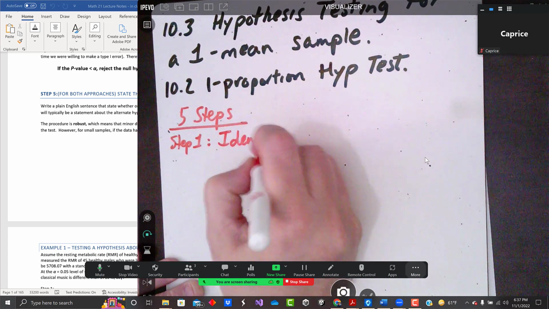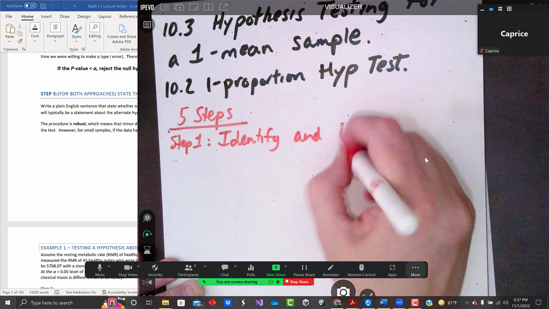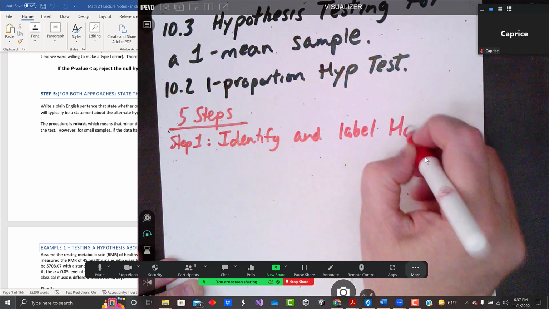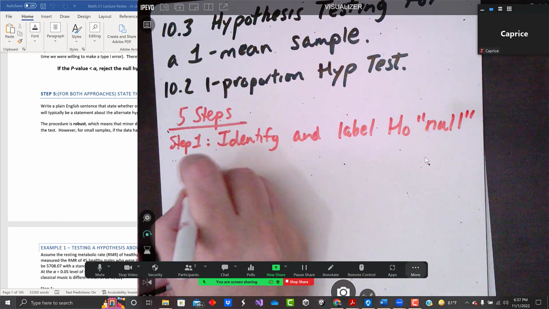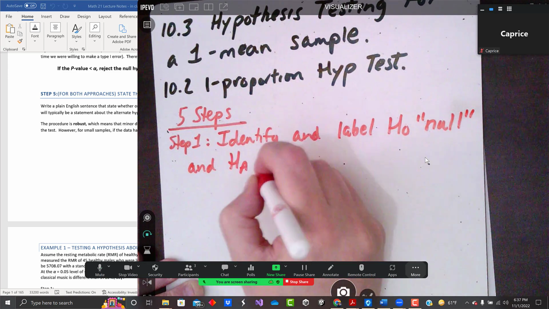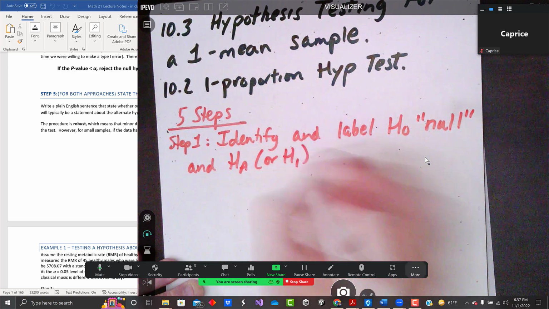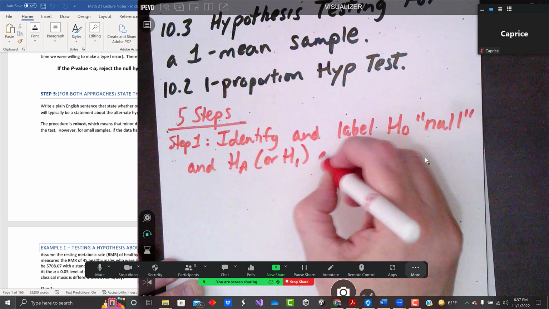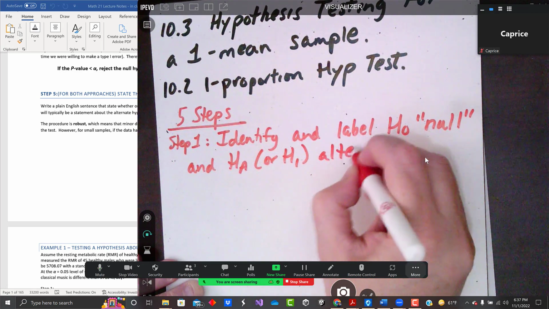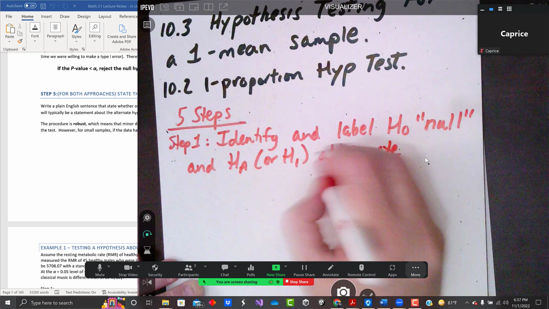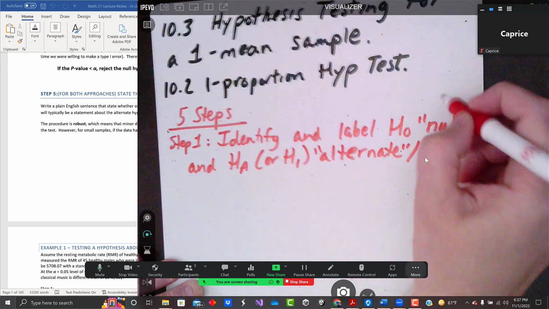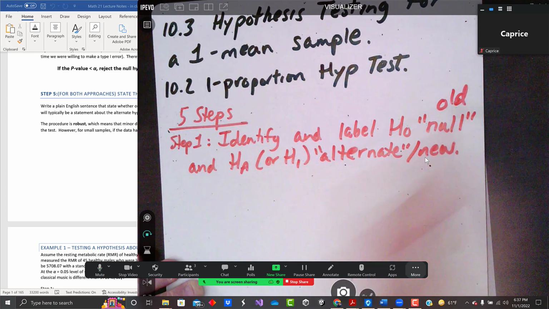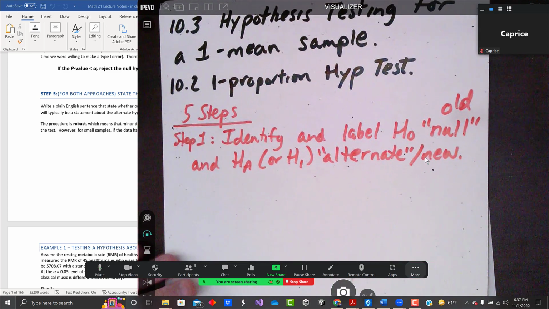Identify and label H naught, which is called the null hypothesis, and HA, or H1, some books do, which is the alternate hypothesis. Alternate, or kind of like the new one too. The null tends to be the old news, the old idea, and we're trying to see if we can do out with the old and in with the new.